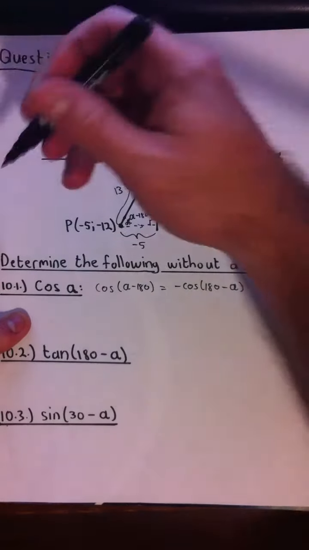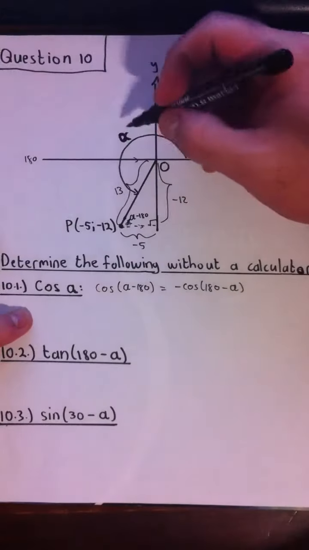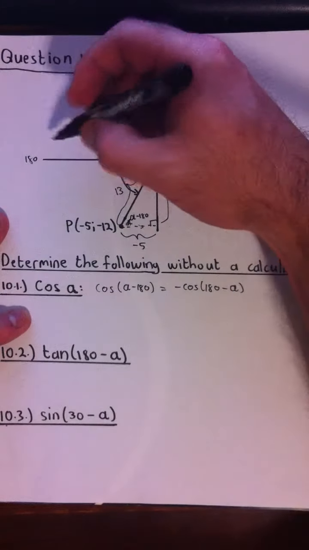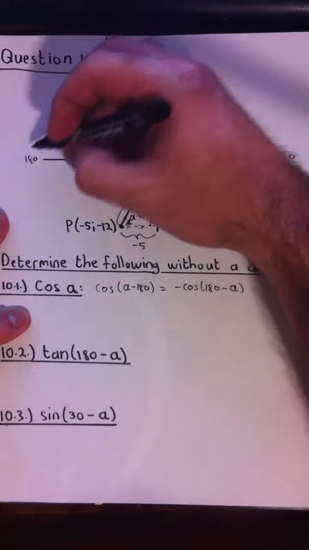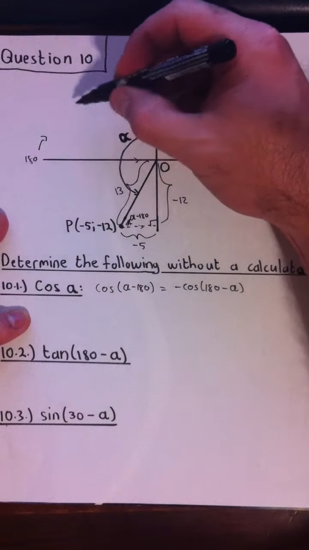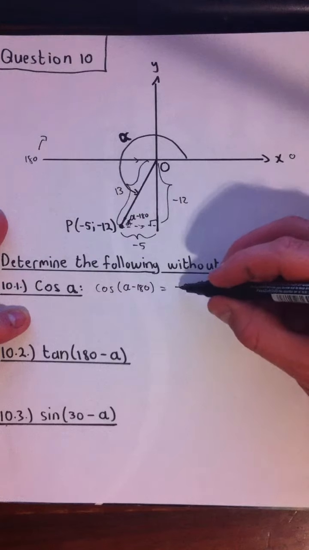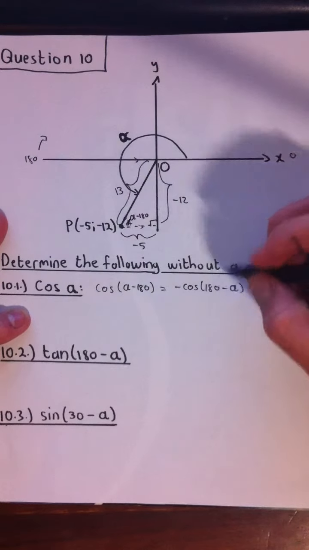Okay, if this is 180 degrees from 0 here, 180 minus alpha means we're moving in an anti-clockwise direction. So is cosine positive or negative over here? It's negative. So it'll be negative cosine alpha.